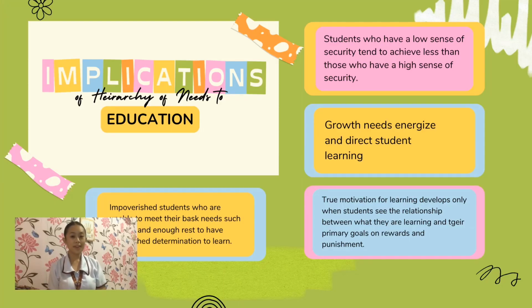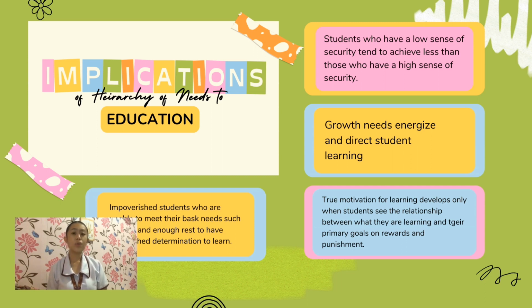Now for the implications of the hierarchy of needs to education. First on the list, impoverished students who are unable to meet their basic needs such as food and enough rest tend to have a diminished motivation to learn. Second, students who have a lower sense of security tend to achieve less than those who have a high sense of security.